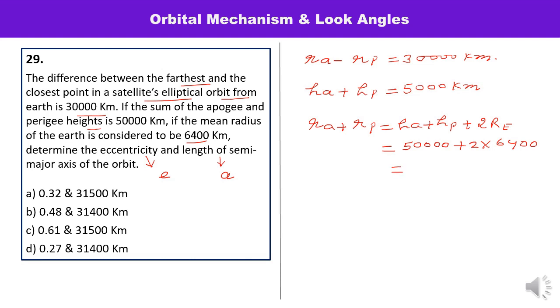So the sum of RA plus RP you will be getting as 62800 kilometer.